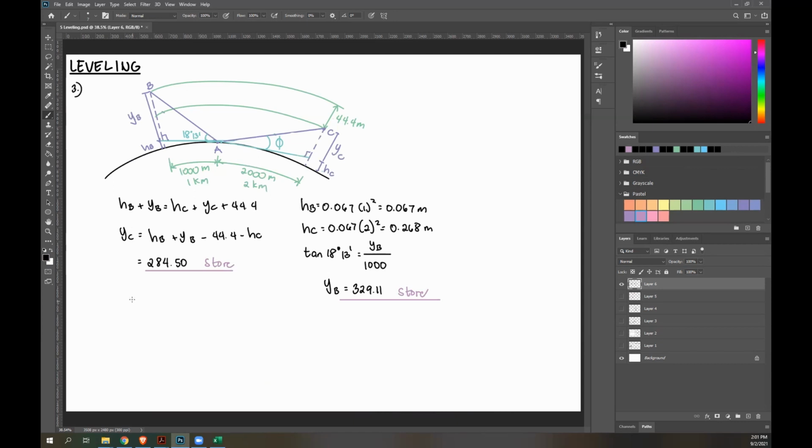And now you can solve for phi, again considering this as a right triangle. So phi is just arctangent opposite over adjacent. You already know opposite, your YC, and then adjacent is your 2,000 meters. Please solve what's phi.